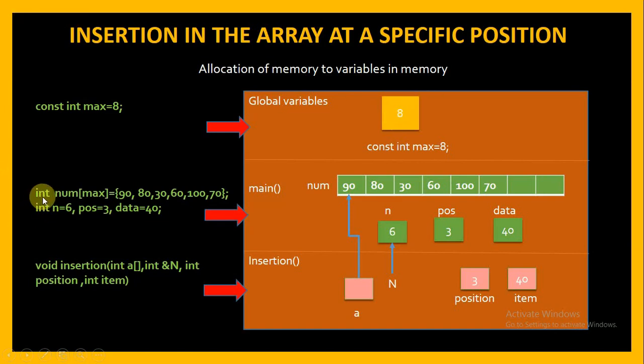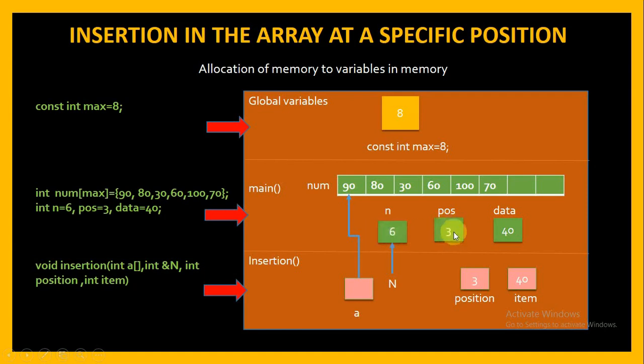Now I'm saying int num[max] is equal to 90, 80, 30, 60, 100, 70. So num is an array of size 8. You can see here I have created an array of size 8, and the first 6 elements are filled by the values which are given here. Then I'm declaring 3 more variables in main: n, which is the total number of elements present in the array, and it is 6.